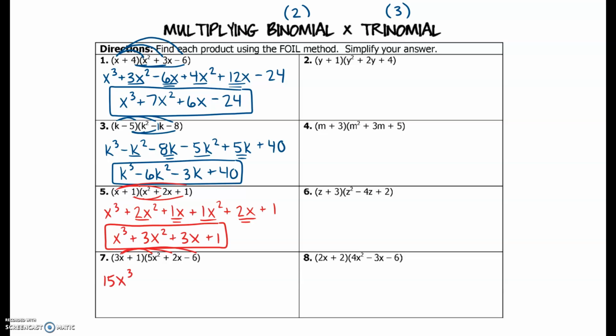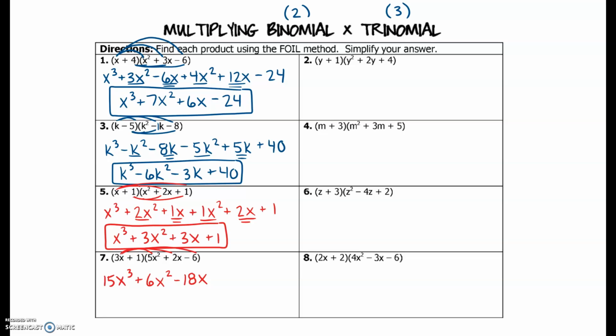Do not forget to add those exponents. You will then multiply 3x times 2x. 3 times 2 is 6. Add your x's together, you have x squared. 3x times negative 6. 3 times negative 6 is negative 18, and bring your x along in that final result.